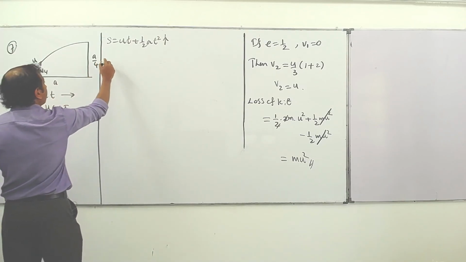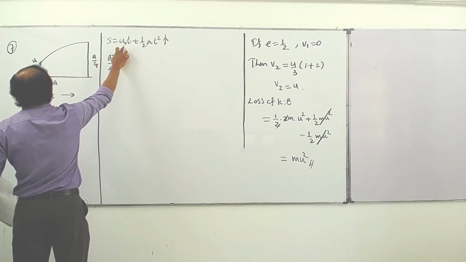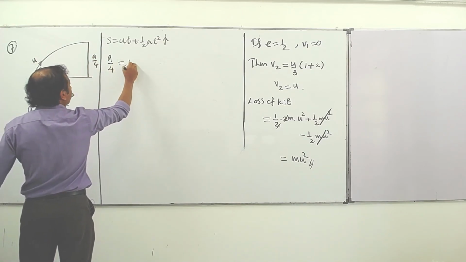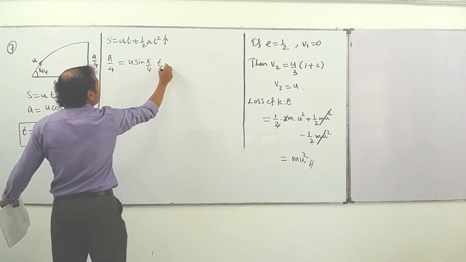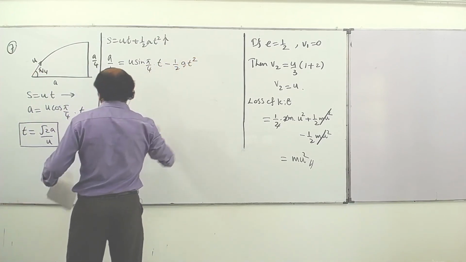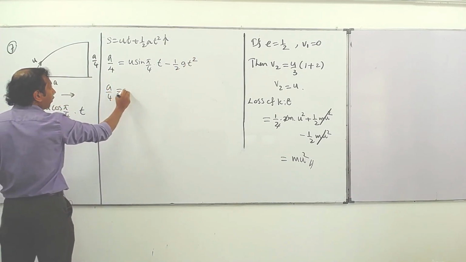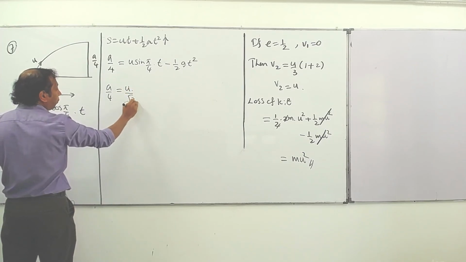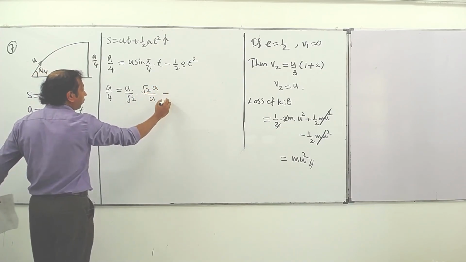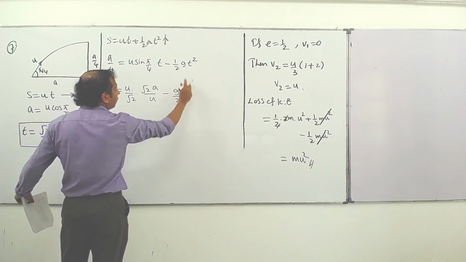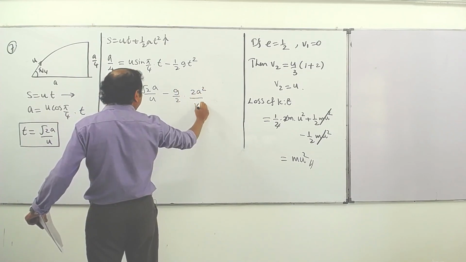It moves a height a by 4, so a by 4 equals u sine pi by 4 into time t, minus half g t squared. U sine pi by 4 is 1 over root 2, t is root 2 a over u, and g by 2 t squared, where t squared is going to be 2a squared over u squared.